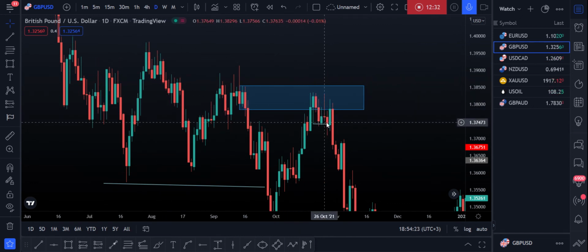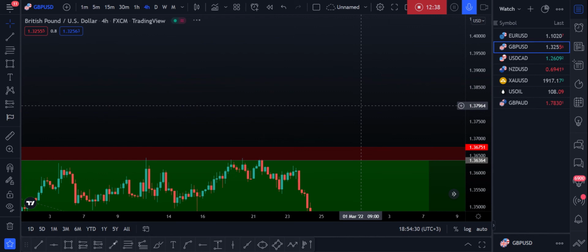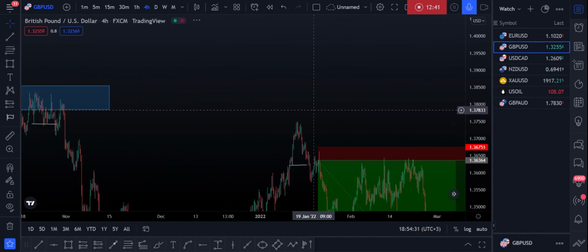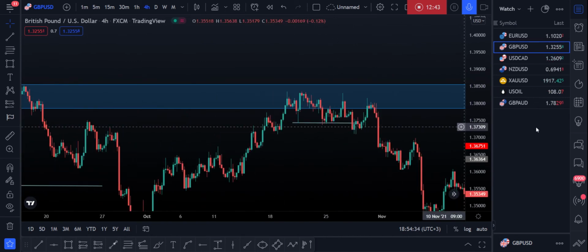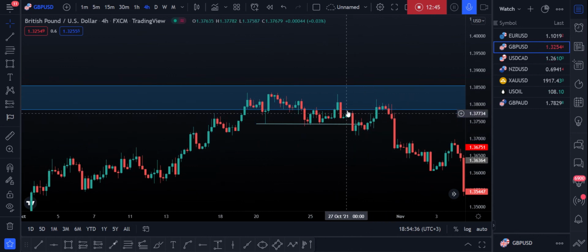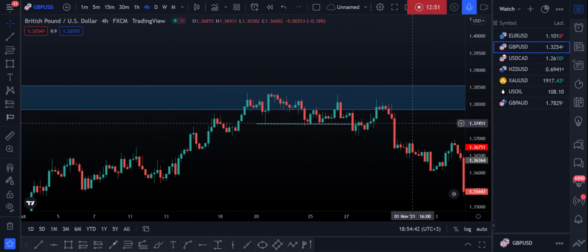So in this area, this whole candle, so we can go back to the H4 and look for supply. We can see we had a bit of supply here and the supply here.